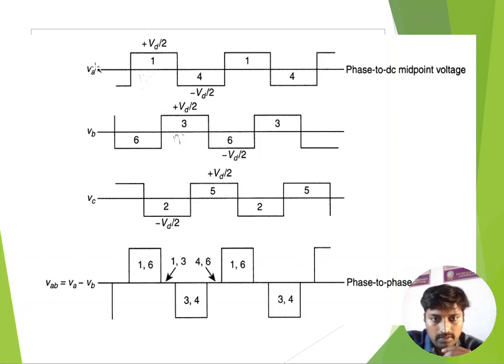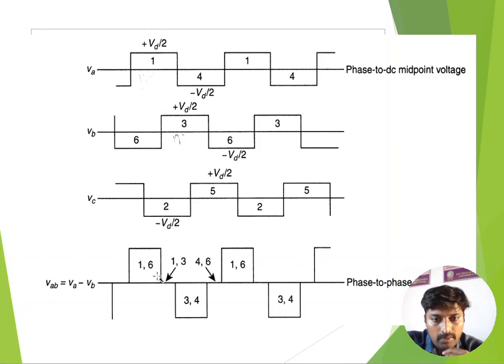You can clearly observe that VAB is nothing but VA minus VB. If you are confused, write straight lines here based on this. Then you can observe that here there is a positive term, and minus of VB means plus, so both can be added.